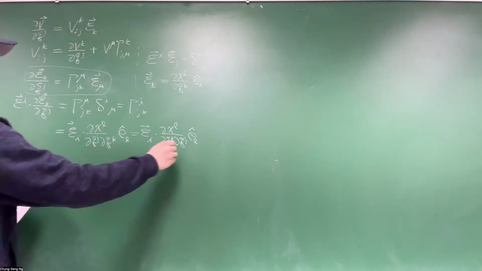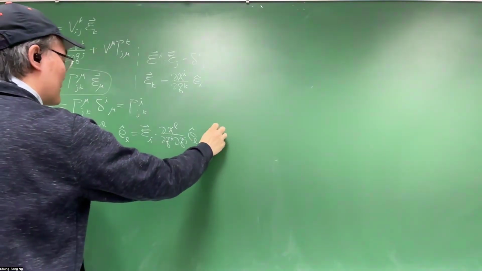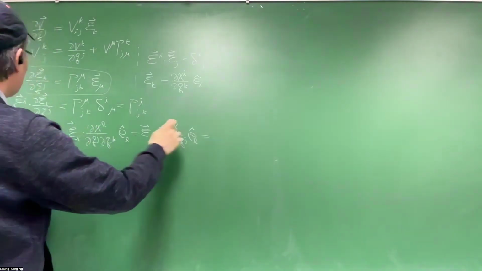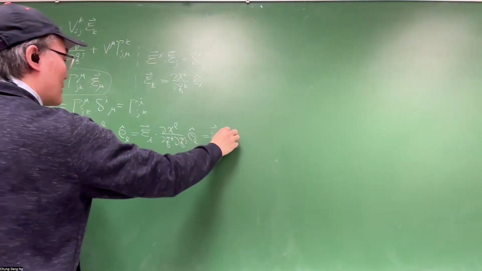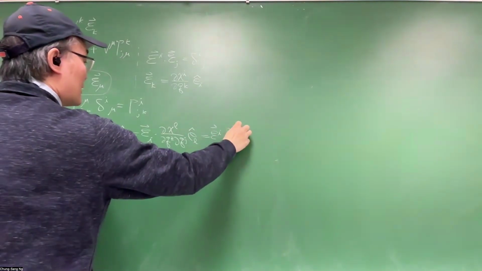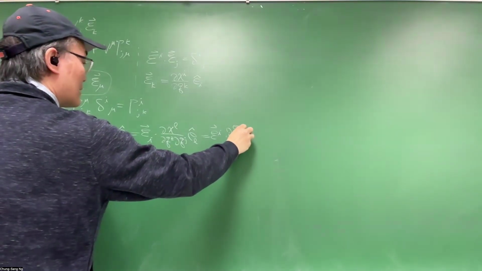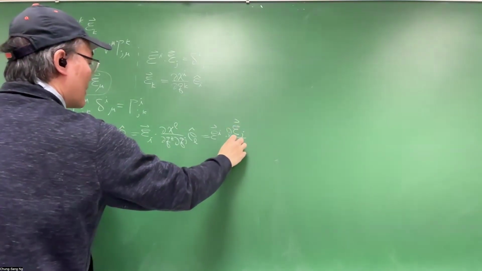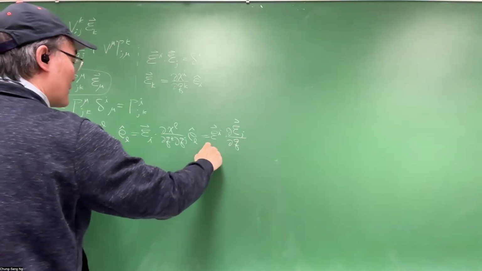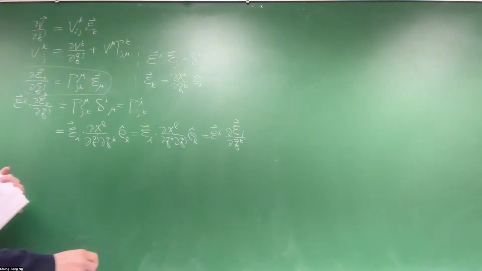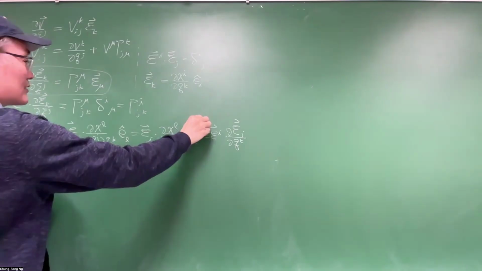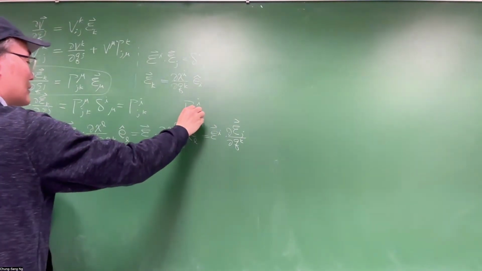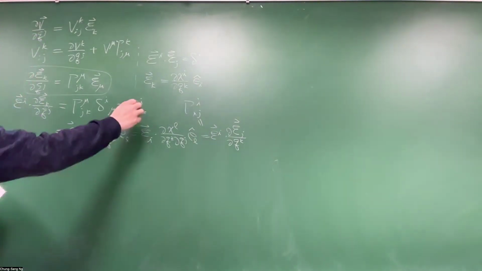And then you can identify this is epsilon i dot in the partial epsilon j, partial q k. By this definition, these two are the same.